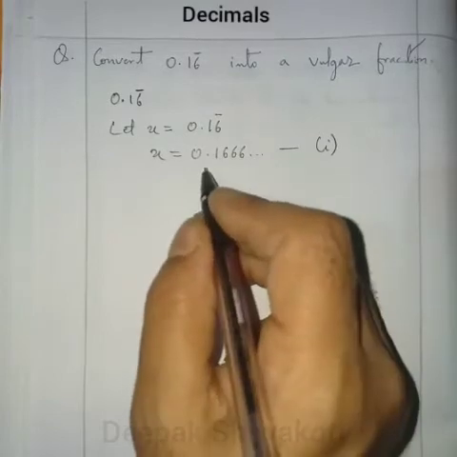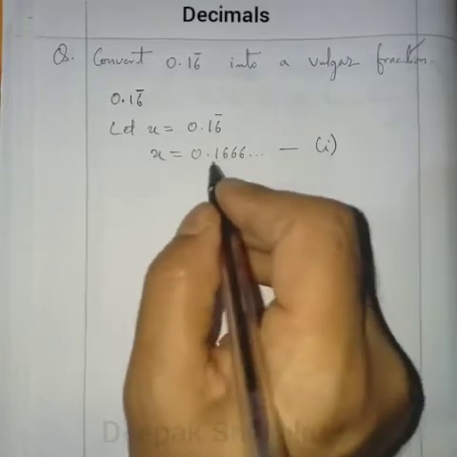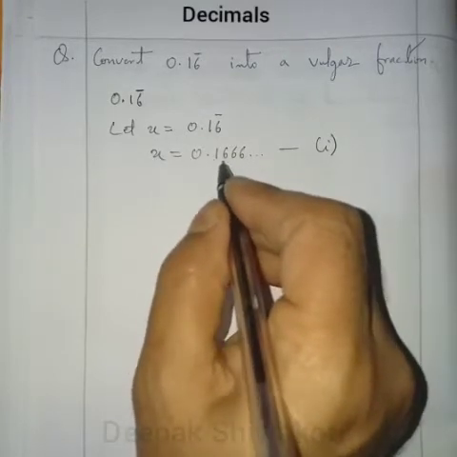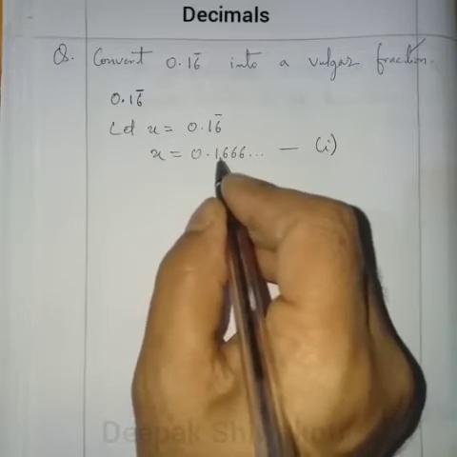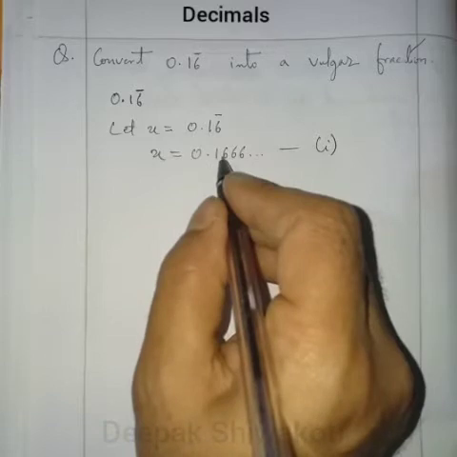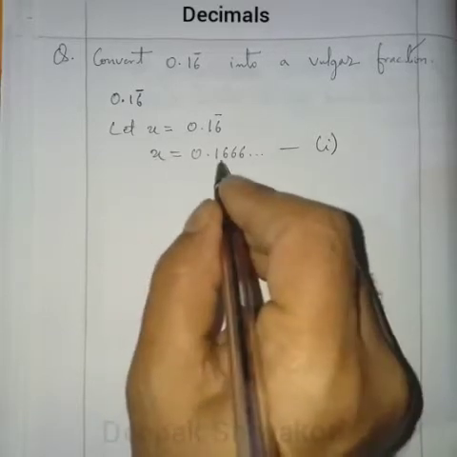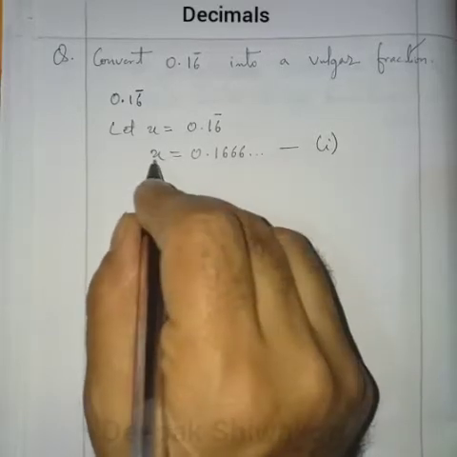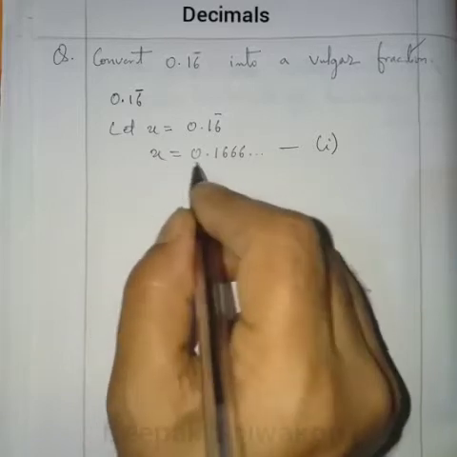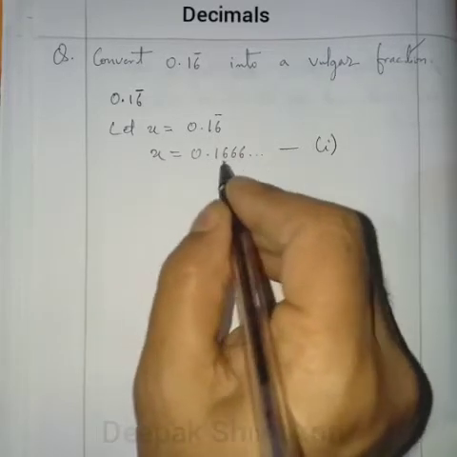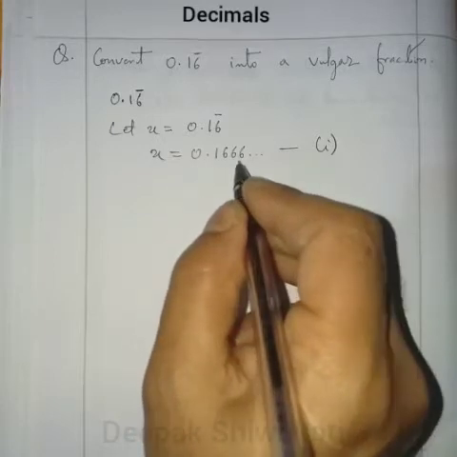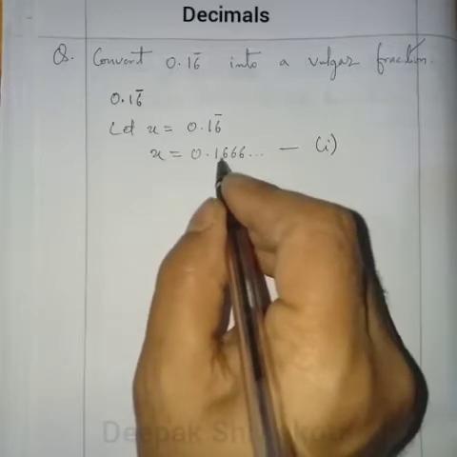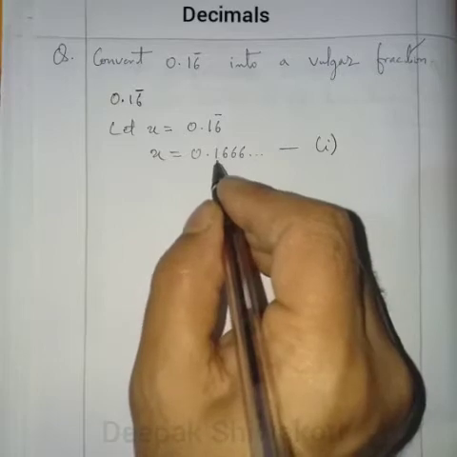Now we will try to remove this decimal one digit this side. We want to shift this. To shift this, we have to multiply both sides by 10. If I multiply this x by 10, it will become 10x, and if I multiply this side by 10, it will become 1.666, isn't it? This decimal will jump one digit if we multiply by 10.